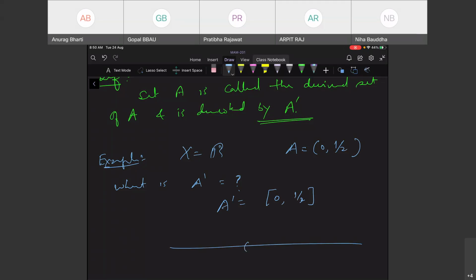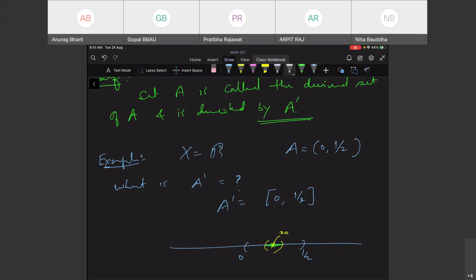See, this is 0, this is 1/2, and take any point inside, say this point x0. When you take any neighborhood U of it and intersect with A, even after removing x0 there will be infinitely many points. So make a puncture at x0, and this green part is the intersection part. So any point of A is a limit point.